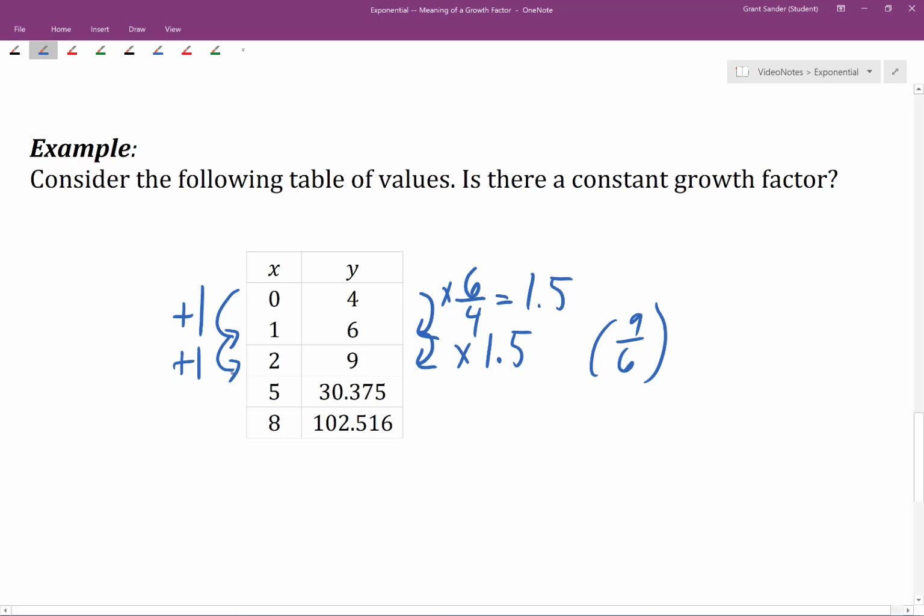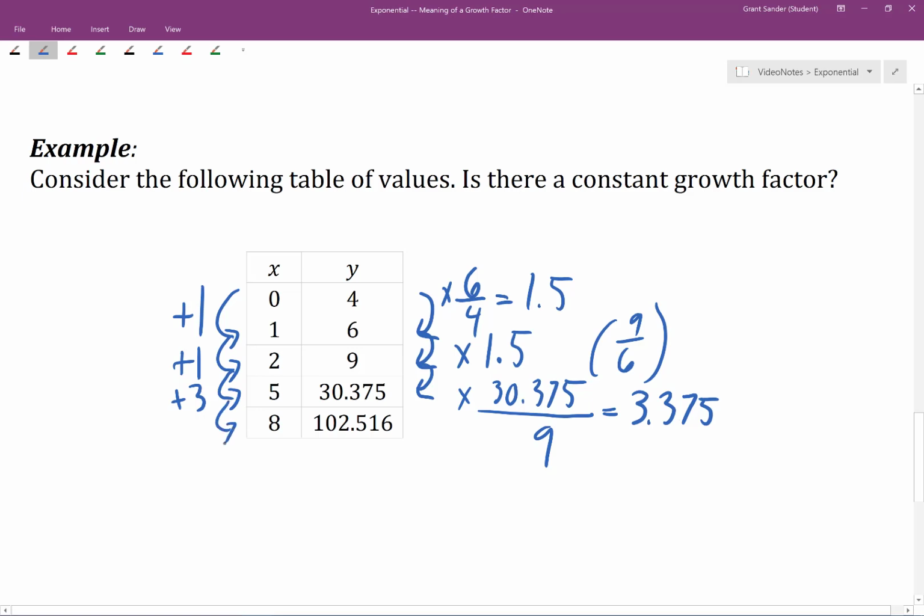Now from x equals 2 to x equals 5, that's an increase of x of 3 units. So x changes by 3 units, and then y is going to become 30.375 divided by 9 times as large. We can compute that value, and that's 3.375. So when x increases by 3, y becomes 3.375 times as large.